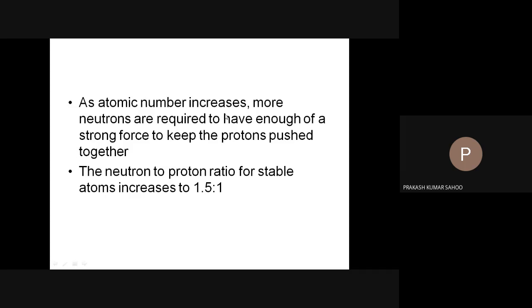As atomic number increases, more neutrons are required to have enough strong force to keep the protons together. The neutron to proton ratio for stable atoms increases up to 1.5 to 1. That means when the number of neutrons gradually increases, with the number of protons as unity, that is 1.5 to 1.